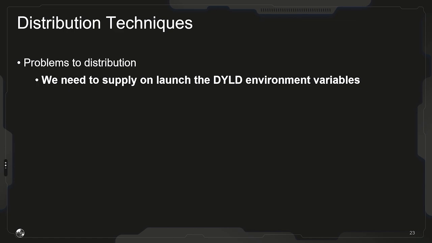The first one is that we need a way to supply the DYLD environment variables automatically on launch. We don't want the user to supply those variables. We need the binary to automatically launch with those environment variables.